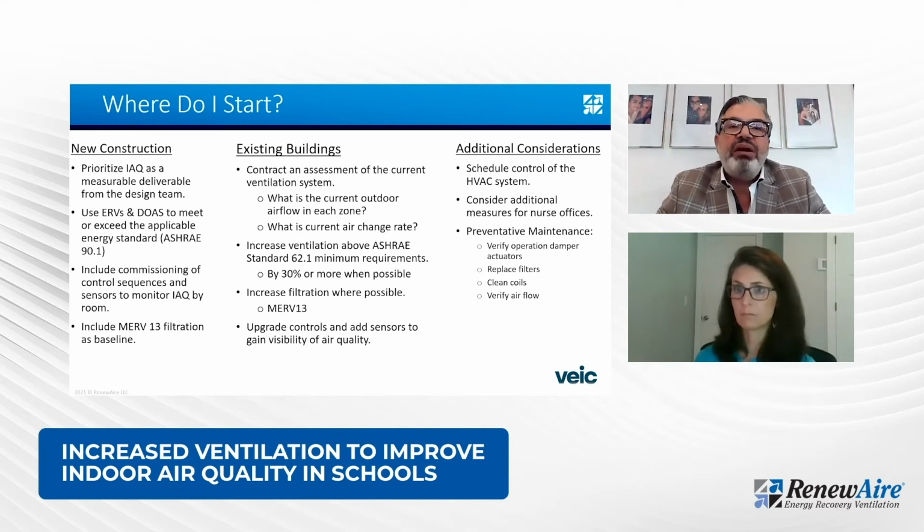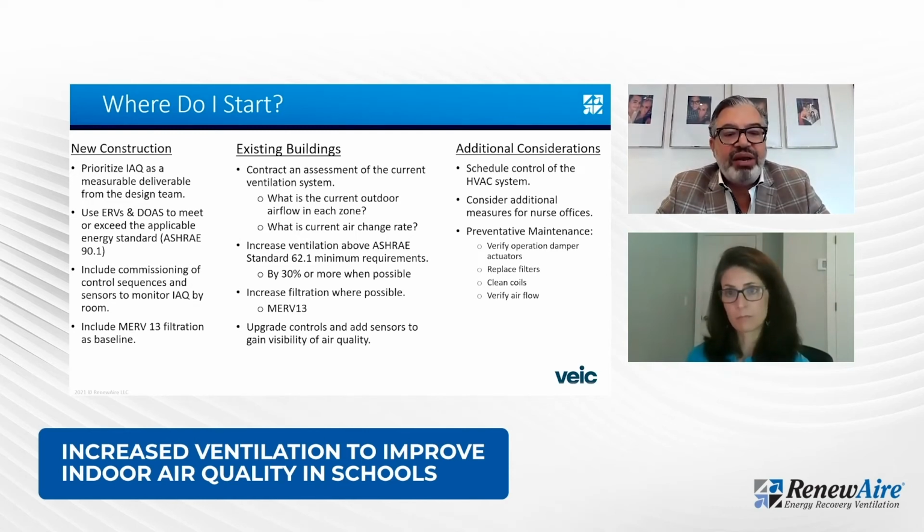And that's where using energy recovery will help you to ensure that you stay within the guidelines set by 90.1. And once again, because it's an existing building, yes, increase your filtration to MERV 13, but be careful and watch out that you don't lower your airflow, because the increase of static pressure has a detrimental decrease in your total airflow rate.